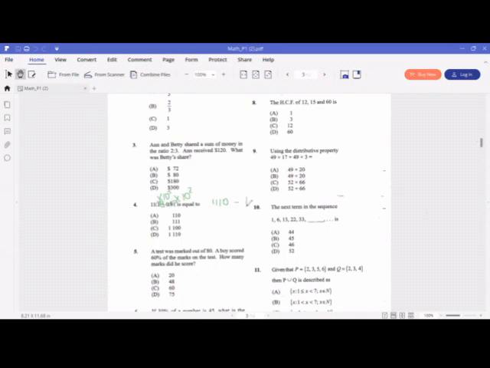Now anything divided by 1 should give you back its original identity, which should be 1,110. In this case, our answer is D.